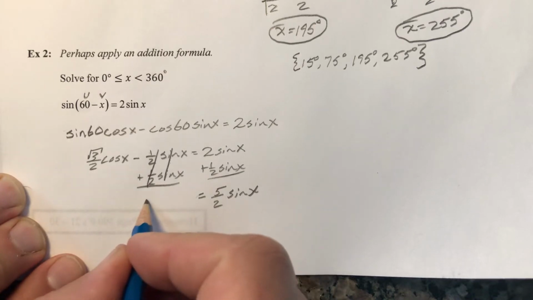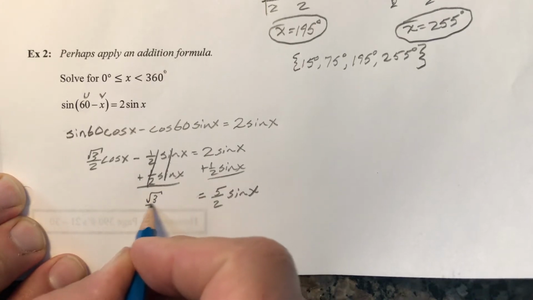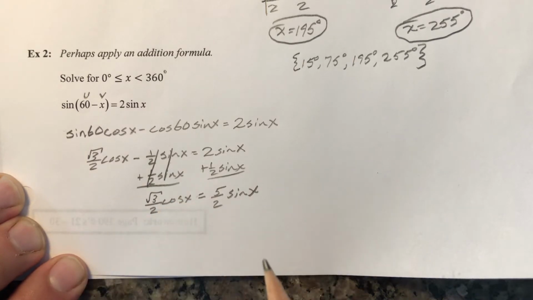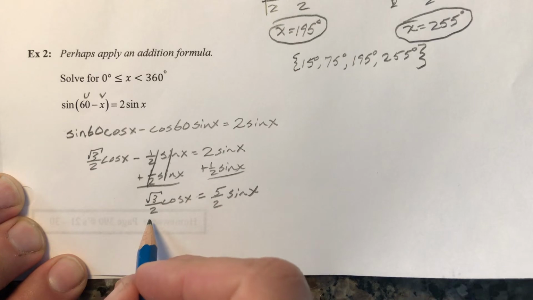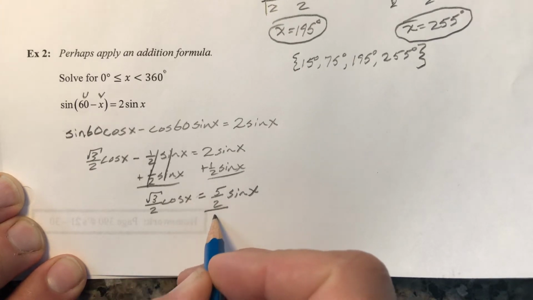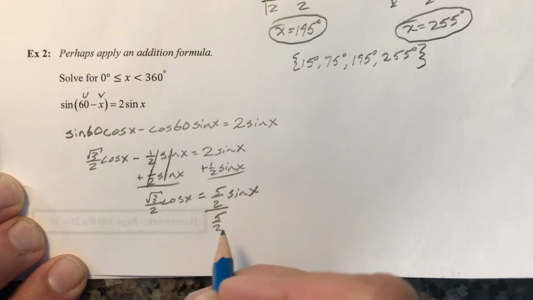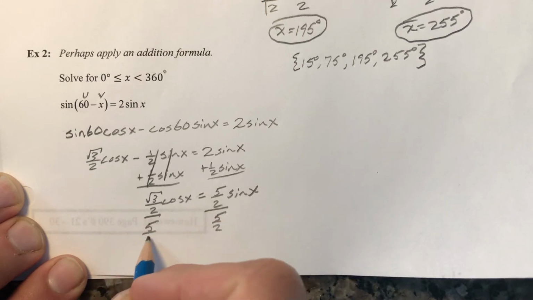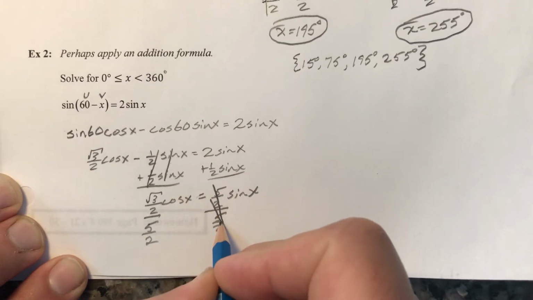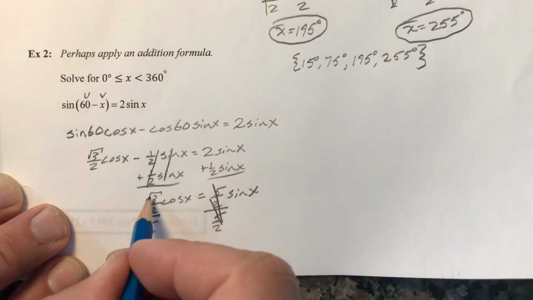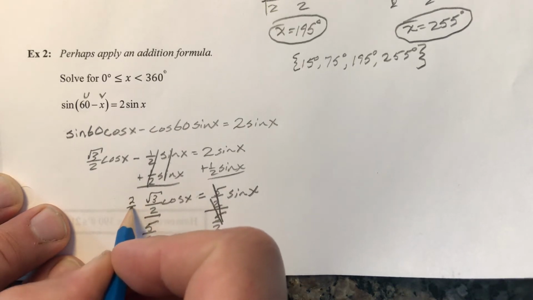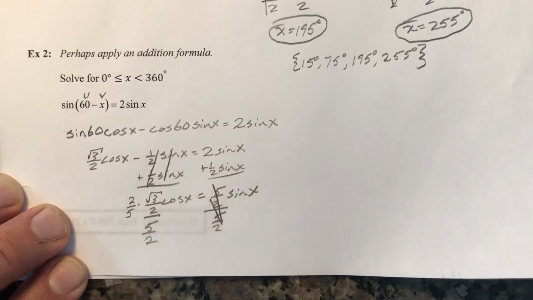So now we still have this left side radical 3 over 2 cosine x. I'm going to divide both sides by the 5 halves. And that would require a flip because that's a complex fraction, so you're actually doing 2 over 5.